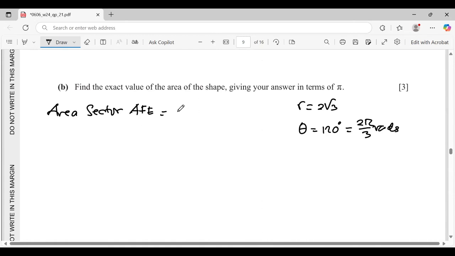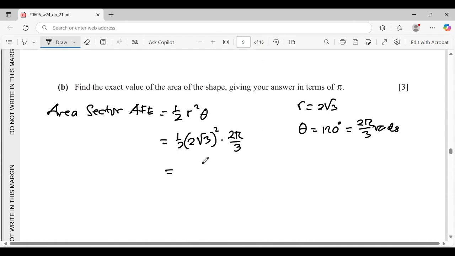So area sector AFE equals 1/2 times r squared times theta. So it is 1/2 times 2 square root 3 squared times theta, this one, 2 pi over 3.